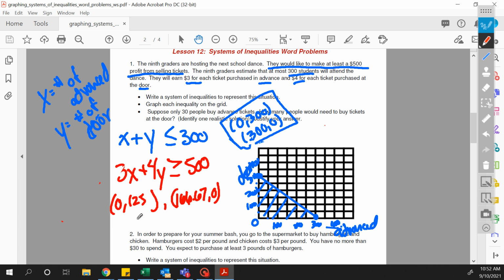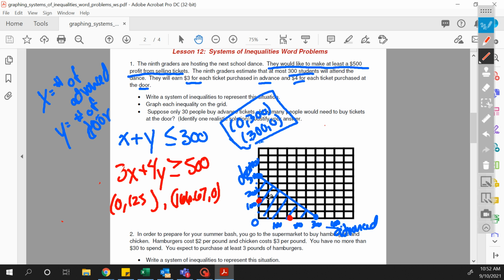And then my other one, 0, 125. So 125 is like right here. It doesn't have to be perfect, between 100 and 150. And then 166.7 or 166.67. So that's like right here. It doesn't have to be perfect.